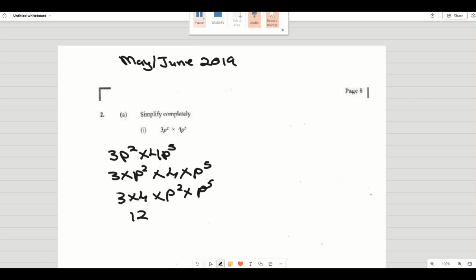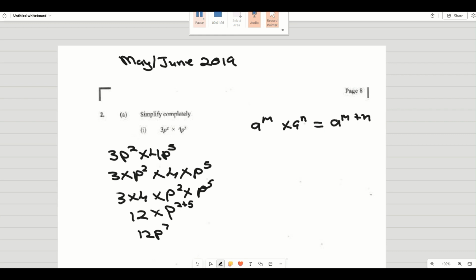And because my bases are the same and I am multiplying, there's a rule: a to the power of m multiplied by a to the power of n. When my bases are the same, I simply add my powers, m plus n. So same thing goes, it'll be 12 multiplied by p, the bases are the same, and you add the powers 2 plus 5, so it's 12p to the power of 7. And that would be an answer.